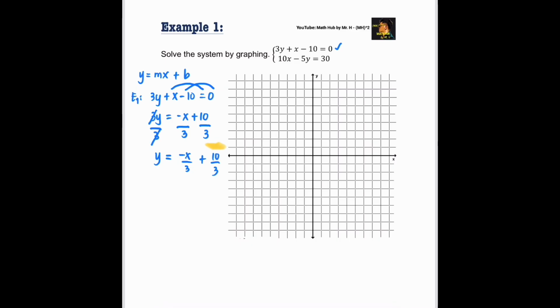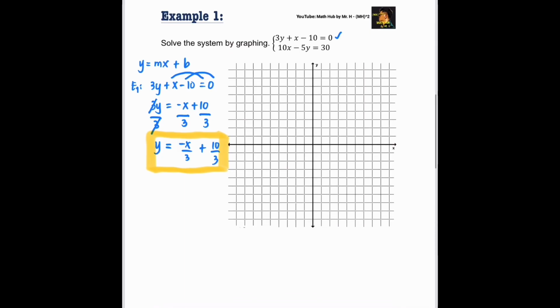So this is now the equation that we need to graph. And in terms of graphing, that's why we rewrote it in slope-intercept form, so that it's easier for us to graph. Here, what we need to do is first locate the y-intercept.